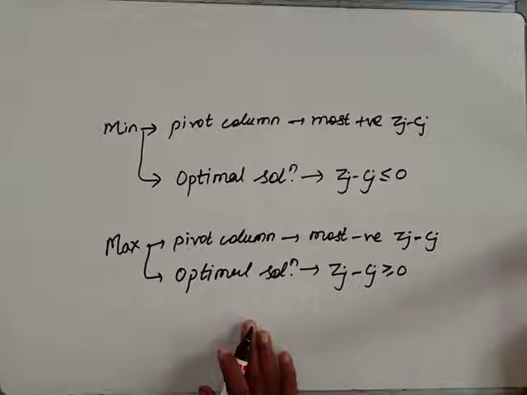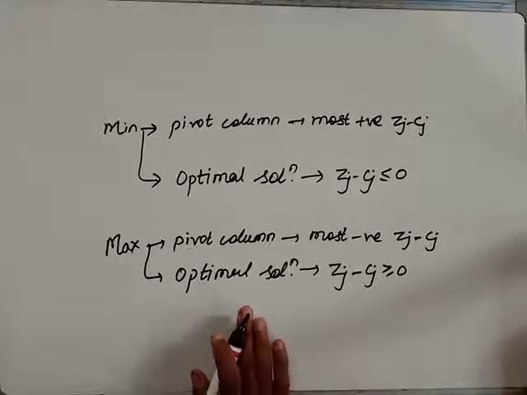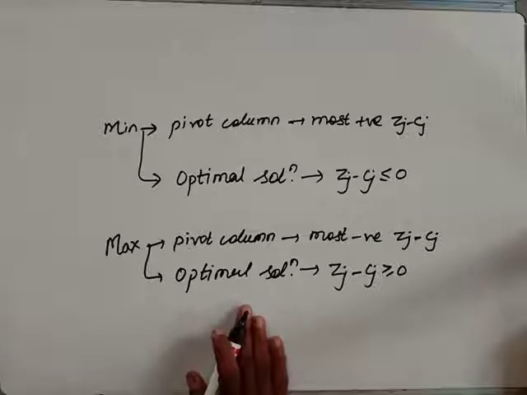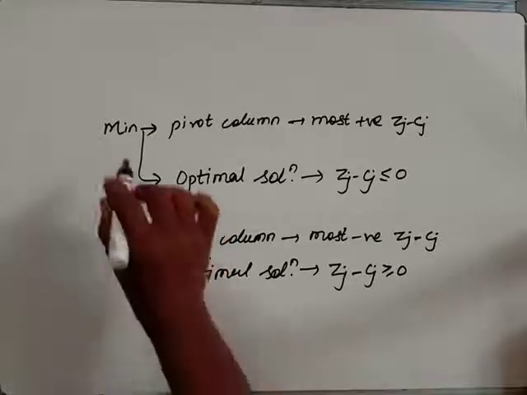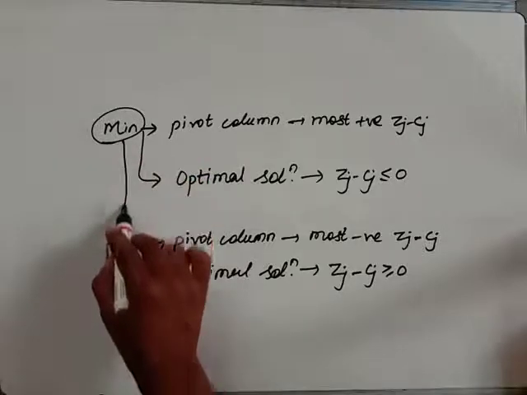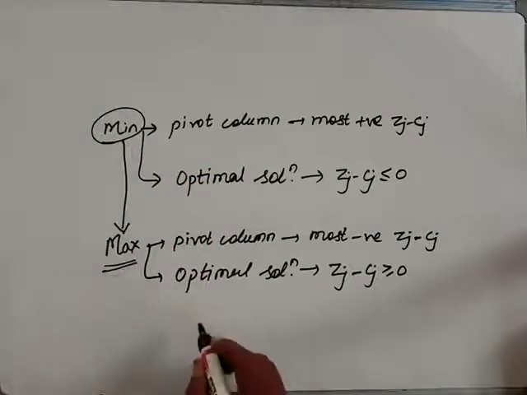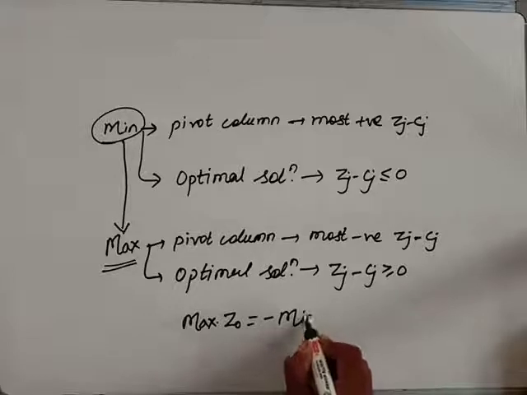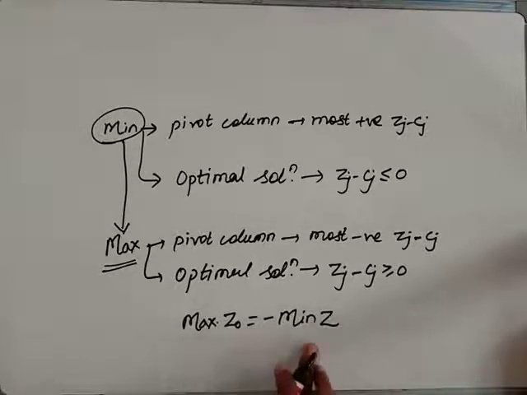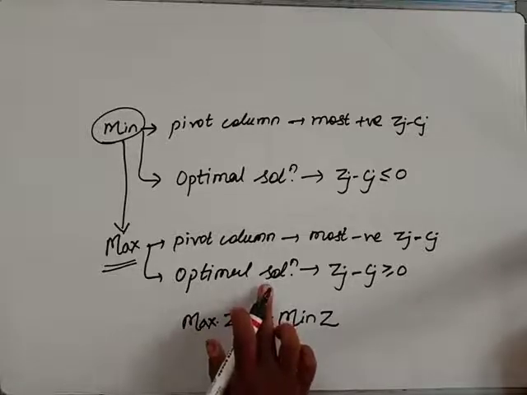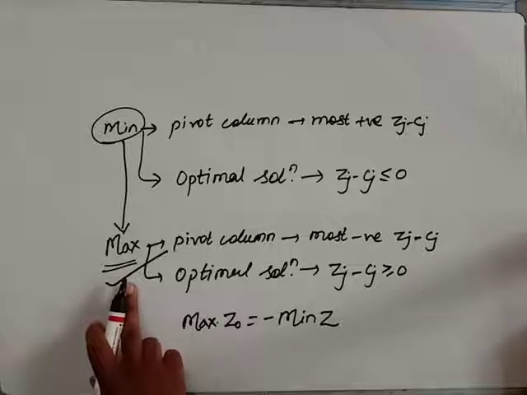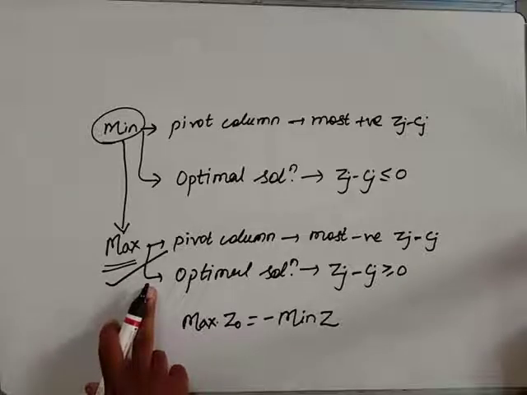Already, whenever I prepared a video for minimization, I revised this thing. At that time I reduced the given problem, meaning the objective function of minimization, into maximization by using the relation: maximize Z0 is equal to minus minimum of Z. Using this relation I reduced the objective function into maximization type, and then found the optimal solution using our maximization conditions, because till now we have used this case for every example.